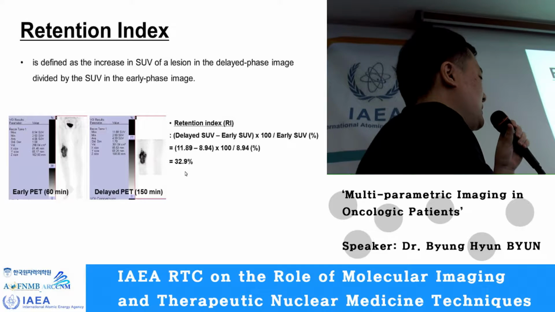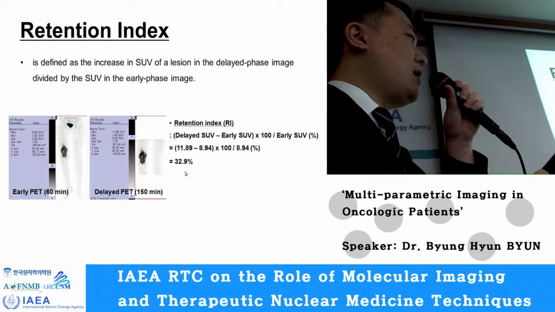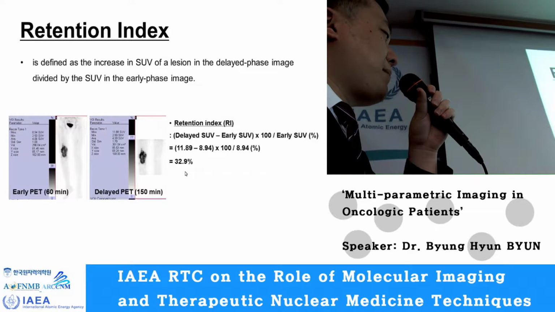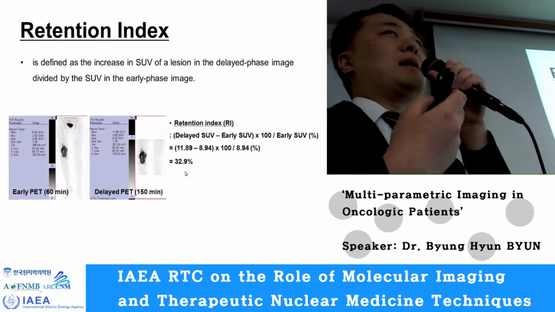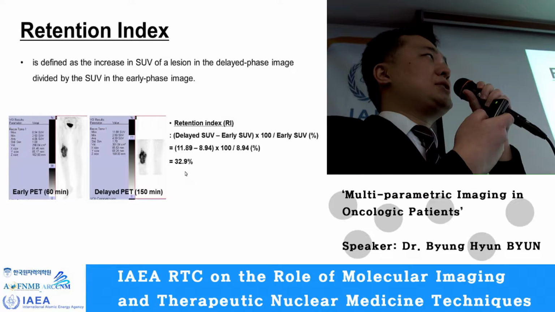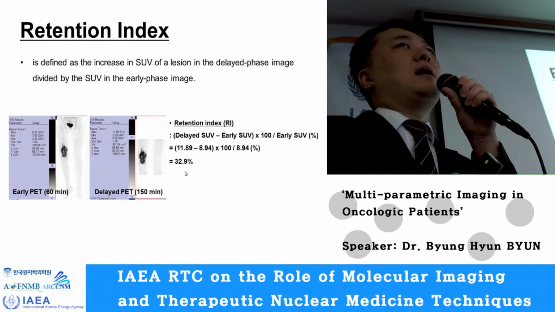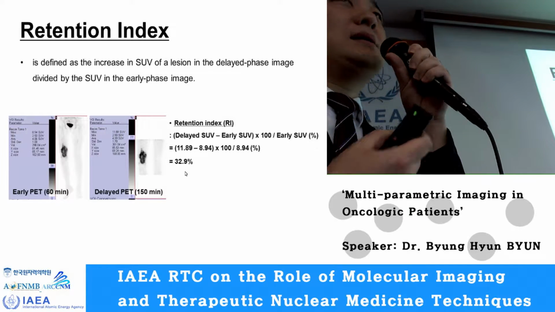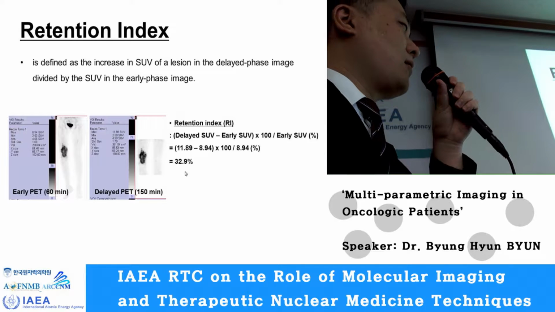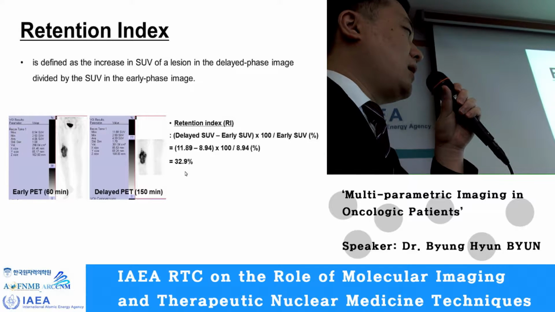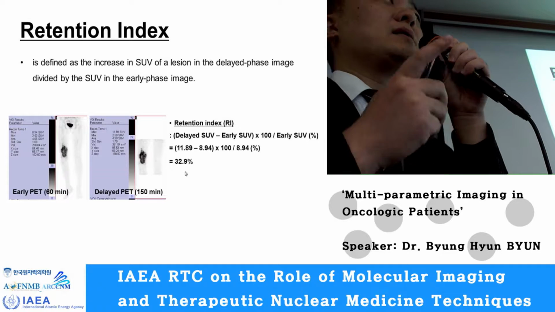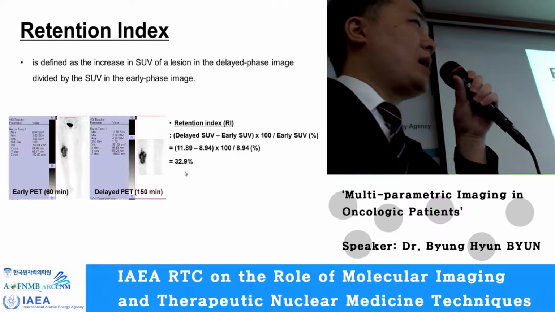As you can see in this image, we acquire the early PET 60 minutes after the FDG injection. It is usually the standard protocol. But after more than 2 hours, we acquire the second, delayed PET.